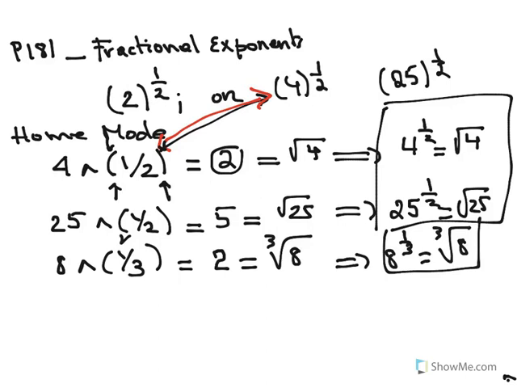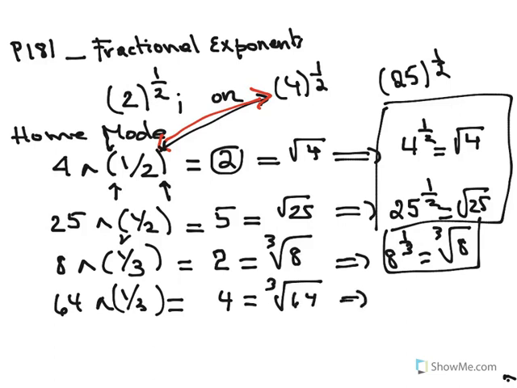This is getting very interesting. If I do, let's say, 64 to the 1/3, you know you're going to get a 4. That means it is the same thing as the cube root of 64.